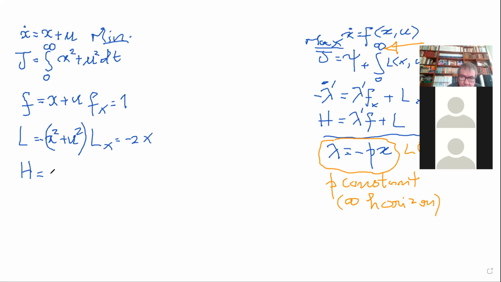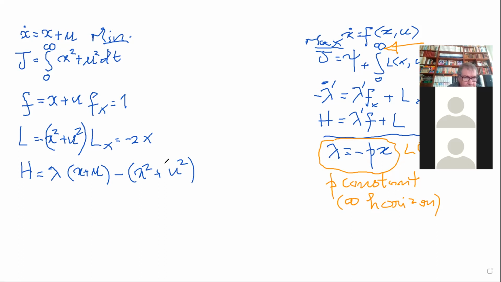H is lambda times (x plus u) minus x squared minus u squared. Lambda transposed f plus L, and L is minus (x squared plus u squared).